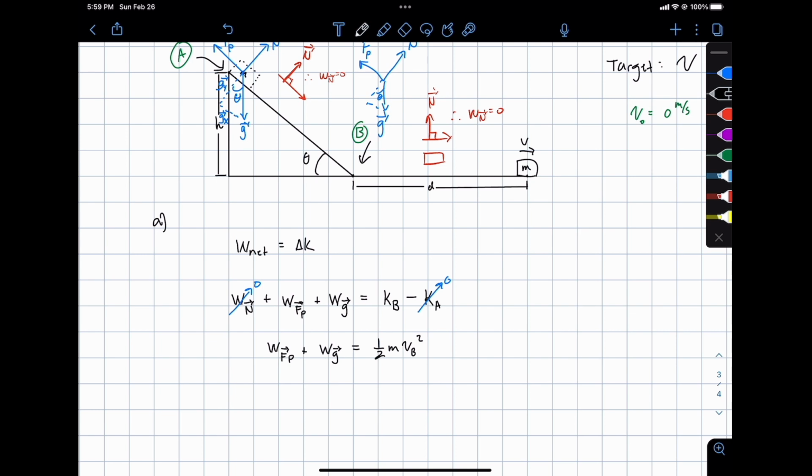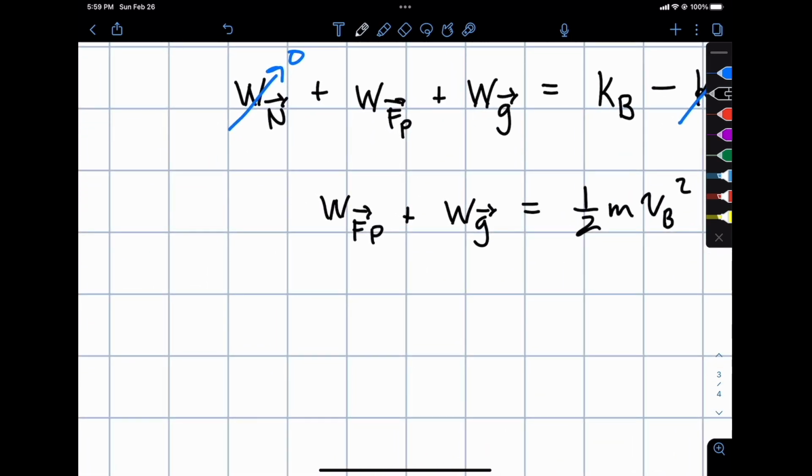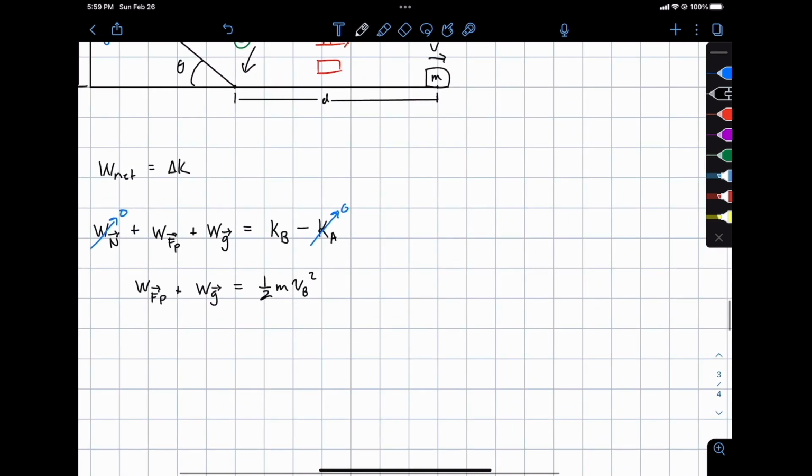We just need to solve for work done by the friction of the plane plus the work done by gravity. Work done by friction. Well, remember that friction force equals mu times the normal force, right?